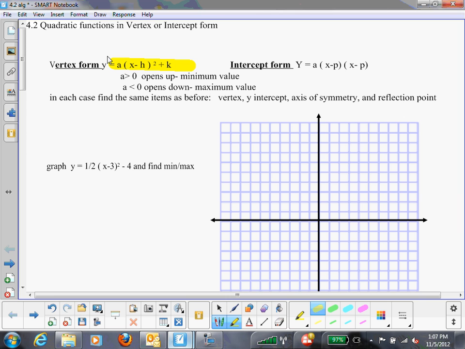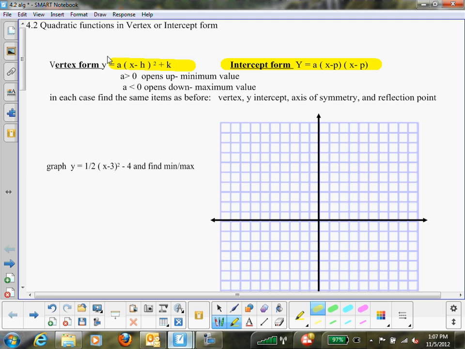One piece of information is given to you no matter which form it's given. In standard form, you're given the direction and the y-intercept. In vertex form, you're given the direction and the vertex. In intercept form, you're given a point and its reflection.